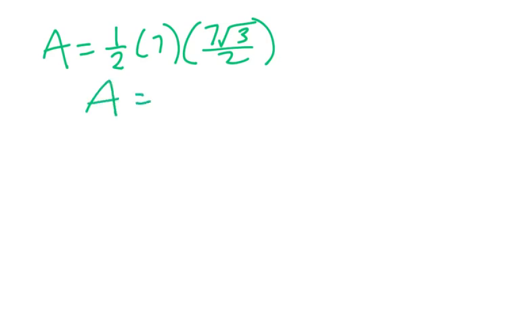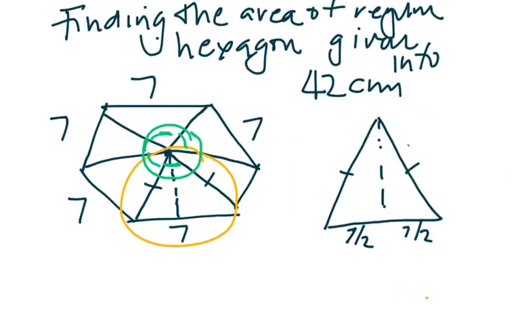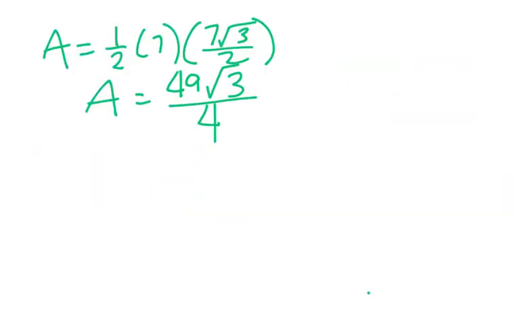Area equals 7 times 7, 49, square root of 3 over 4, because 2 times 2 is 4. We aren't done yet, because remember, we only found one triangle. There's 6 that we have to determine.